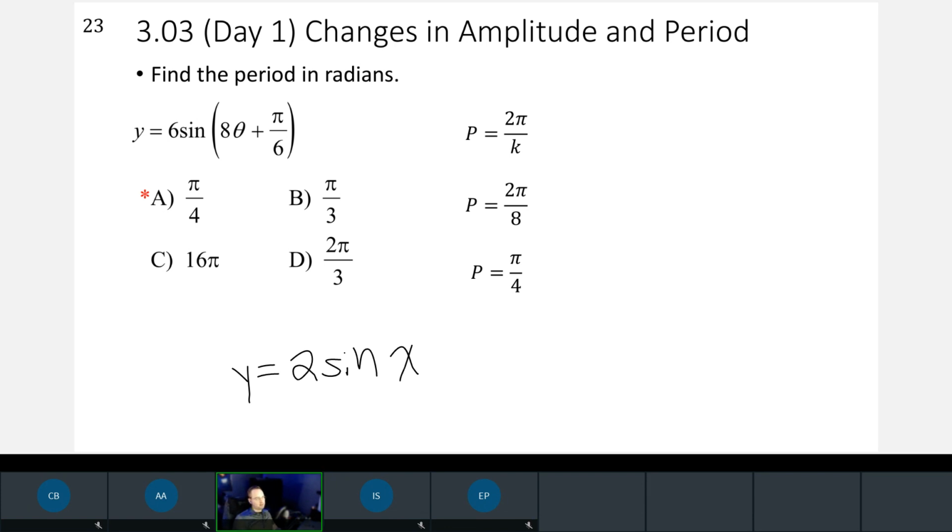All right, chat, what's the amplitude? 2. Yep, so that's pretty easy. And then what's the k value? It is 1.